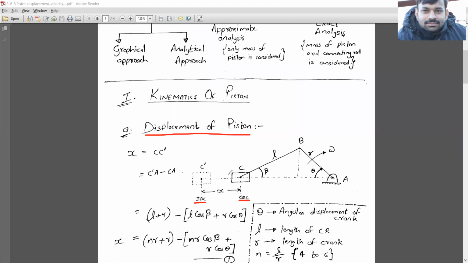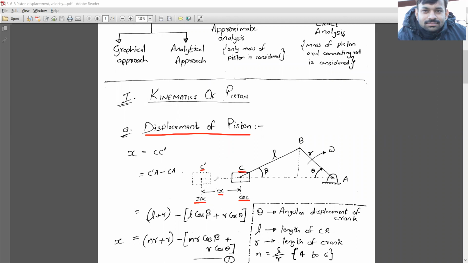When the piston was at top dead center, its position was C dash. And at some instant, it has displaced by the value x, and currently it is at position C. So we are interested to find out this distance x.